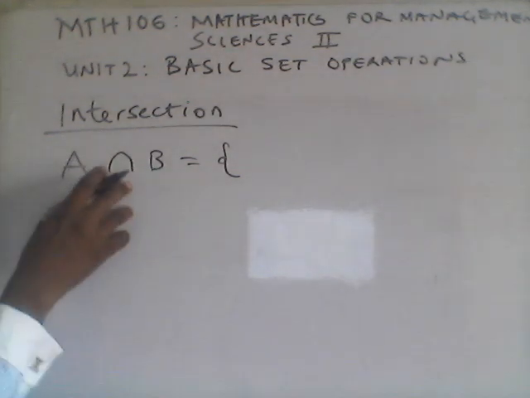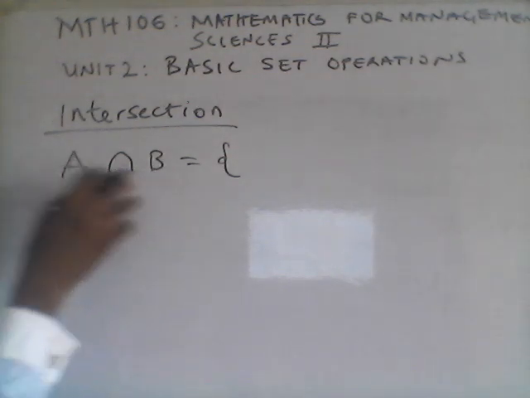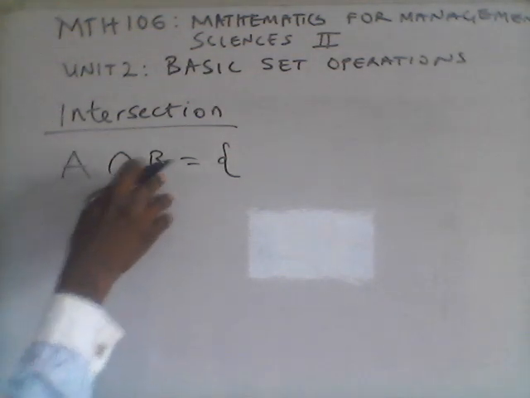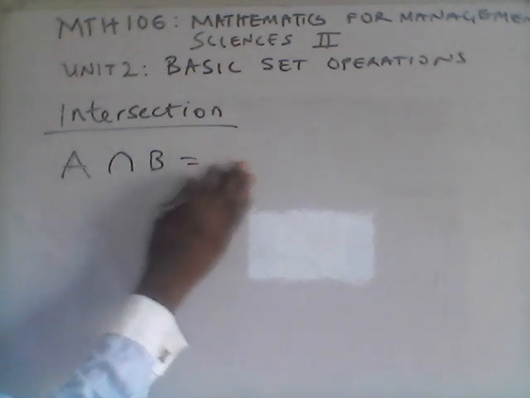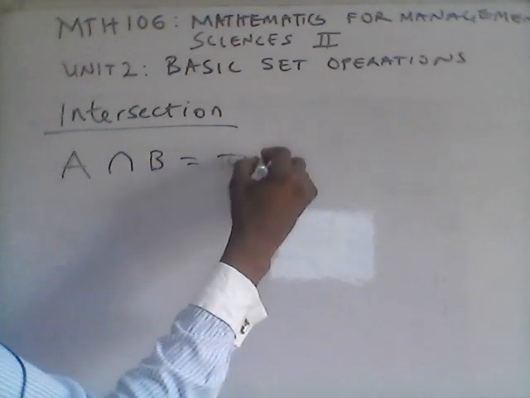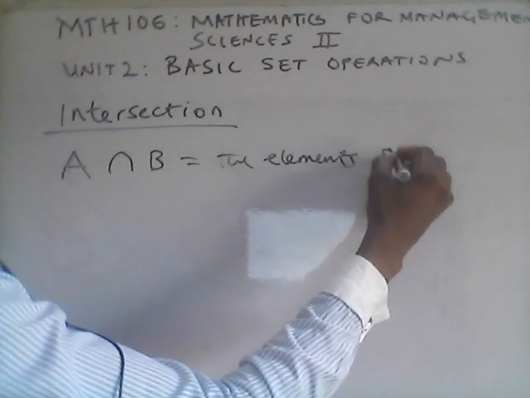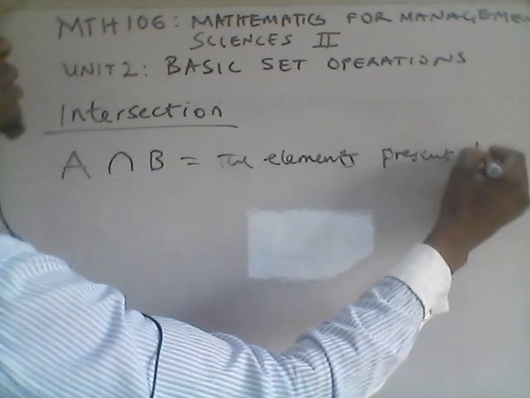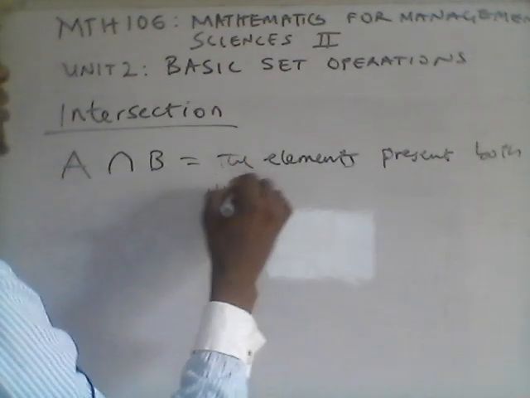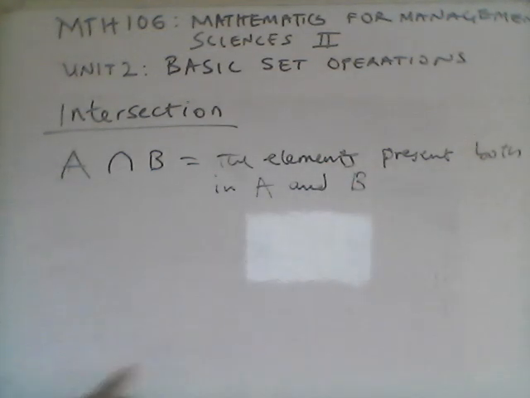So this is the symbol for intersection, and if I have A intersect B, it means that the set will read the elements present both in set A and set B. So this is intersection.